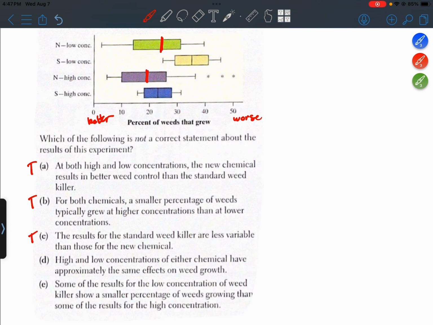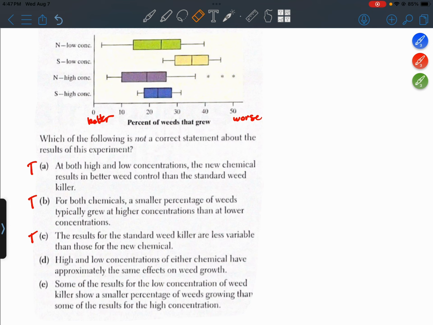Those aren't exactly the same medians, but there's definitely overlap when we look at the middle 50%. So I'd say there's not much of a difference when we compare the new chemical low versus high. They're almost the same. The low concentration is slightly higher, slightly worse.